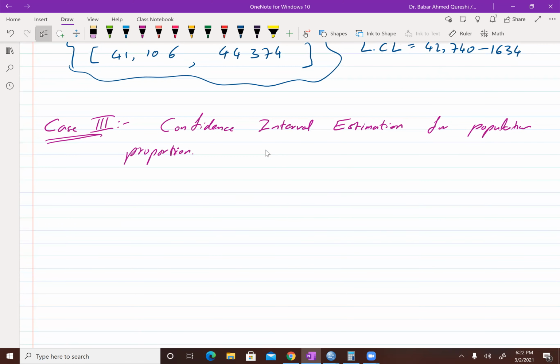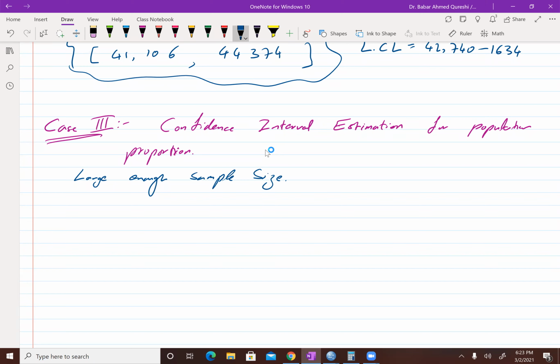So over here, what you need to assume for the population, pretty much nothing in this case. All you need is large enough sample size.